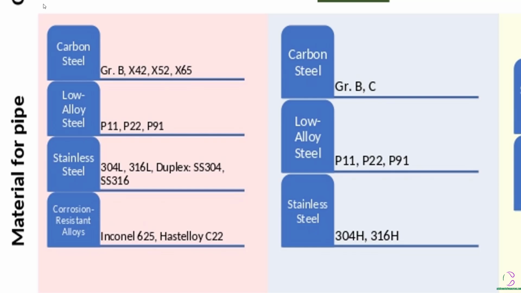So basically all of these pipe materials fall under the different industries. If you are looking at the first industry, which was oil and gas, you have in most cases the pipes that are used in oil and gas are carbon steel grade B, X42, X52, X65, low alloy steel P11, P22, P91, and the likes. They are all listed here.